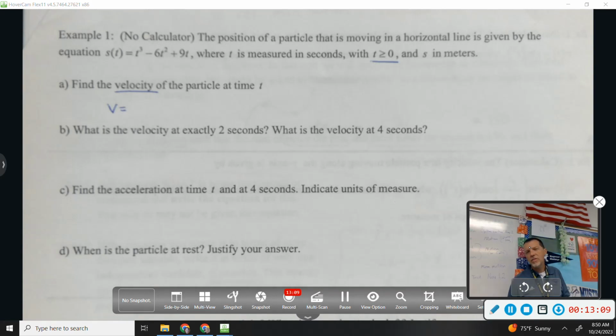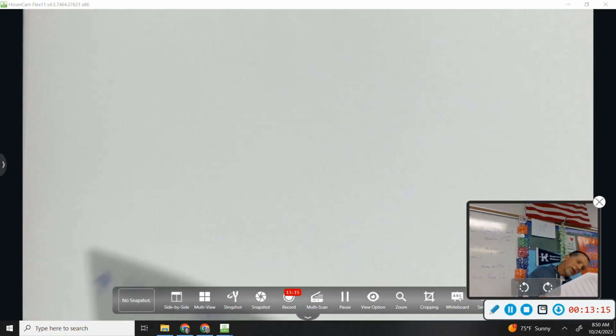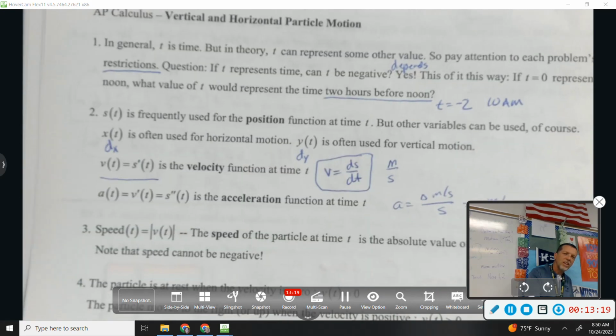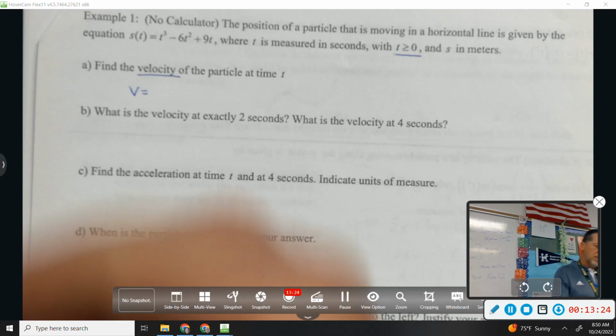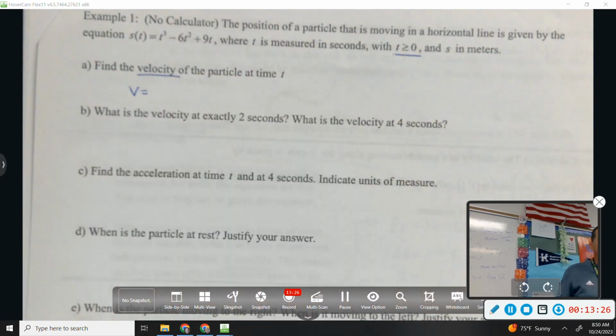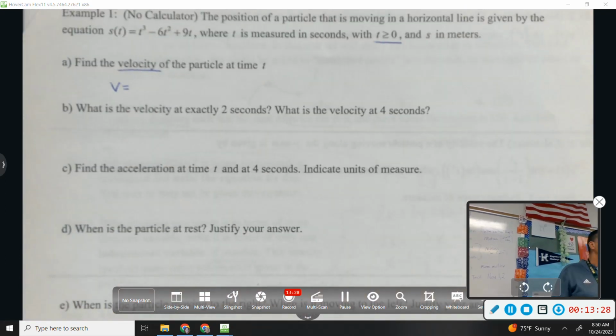Okay, so how do we find the velocity if we know the position? Flip it back over, take a peek. Hopefully it's boxed on the previous page. How do we find velocity if we know position? Take the derivative.